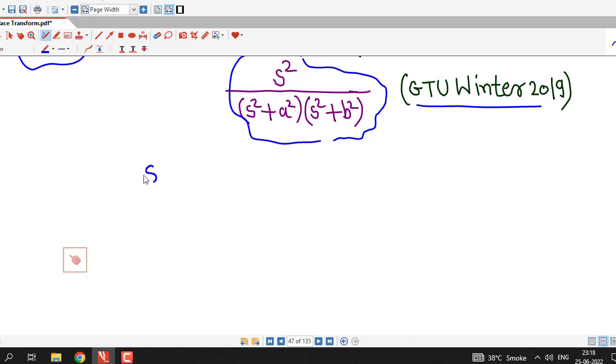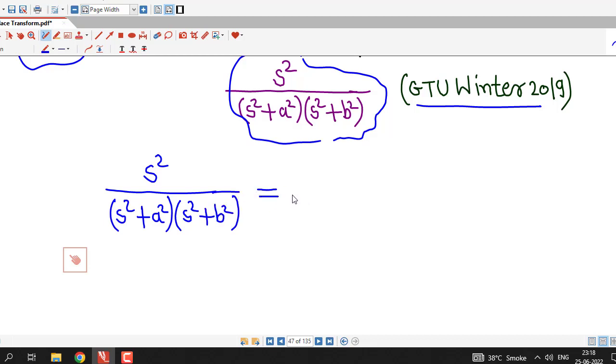First step is, we write the given function as a product of two functions whose inverse Laplace transform we can obtain. Given function is s square divided by s square plus a square times s square plus b square, and this I can rewrite as s divided by s square plus a square times s divided by s square plus b square.